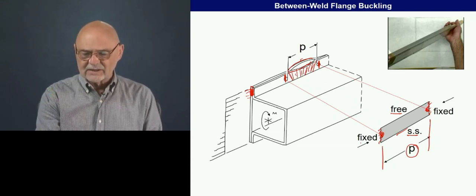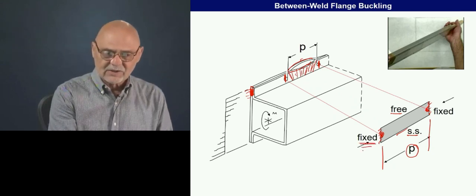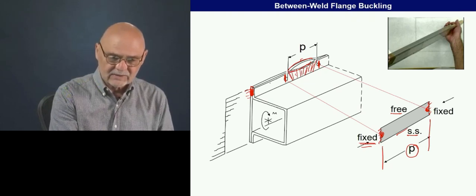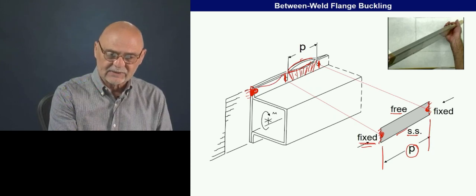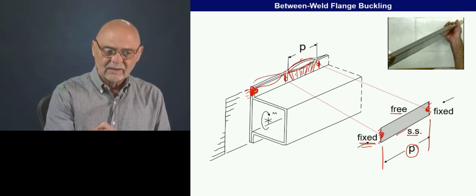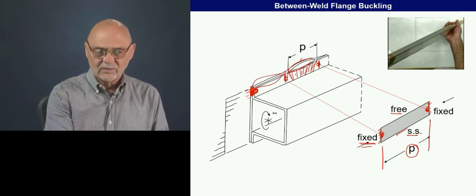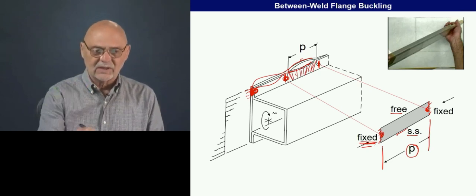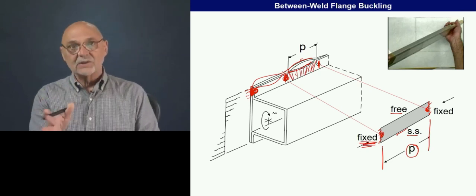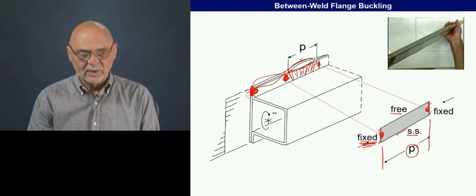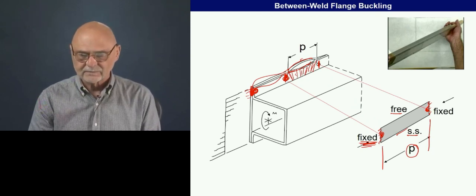And the reason we can get this fixed condition is that if we looked at this, say here's another spot weld here, this would also be buckling like this. Okay, so that's why this behaves as a fixed condition, because there's no change in the slope at that particular point.